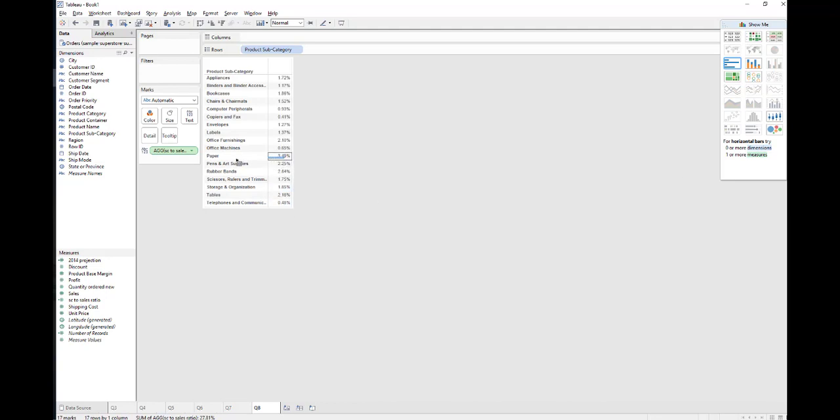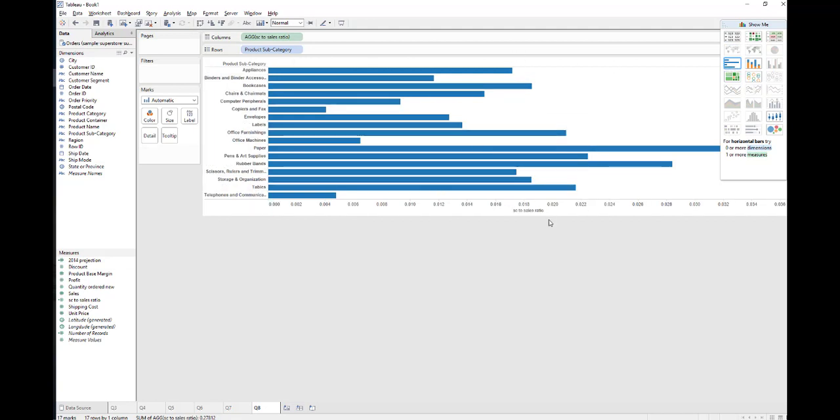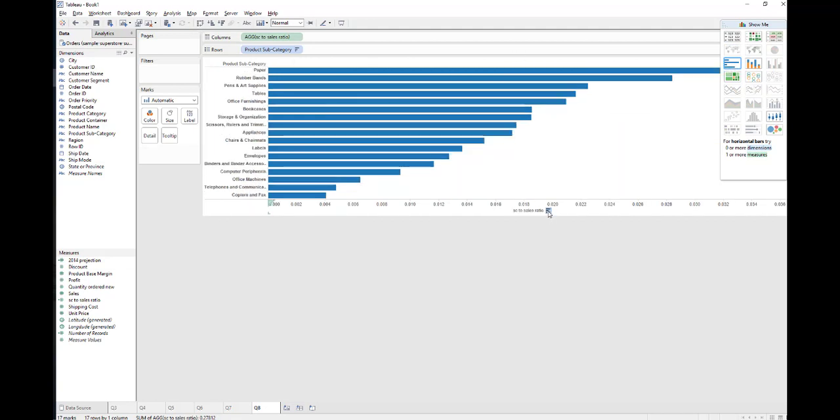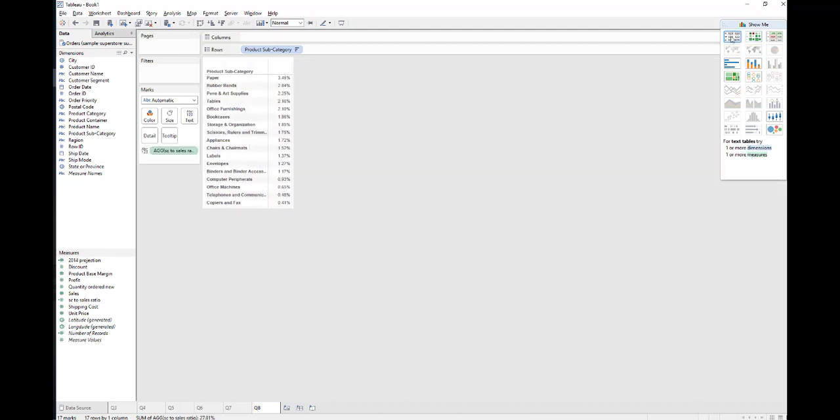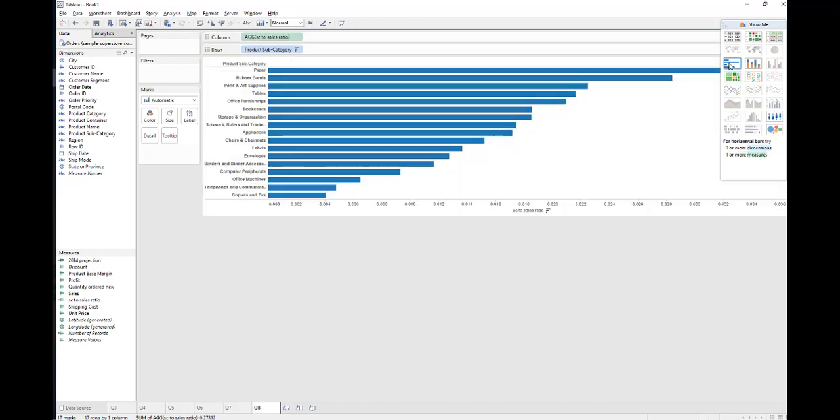Looks like paper is the only one which has data above 3%, at 3.49%. If you want, you can sort it, and just by looking at this you can figure out that paper is the highest, with 3.49%. Normally you use graphs.